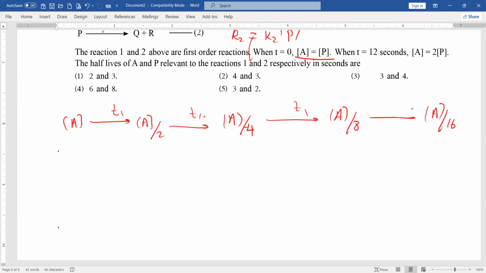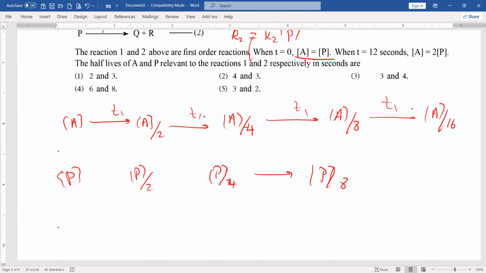Let the half-life of A be denoted by T1. Then the P concentration becomes A by 2, A by 4, A by 8, and so on, like 8, 16.